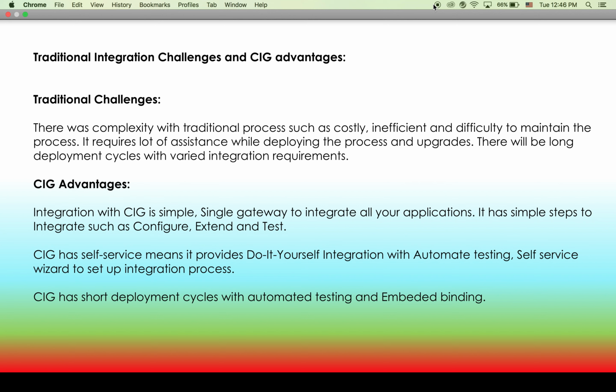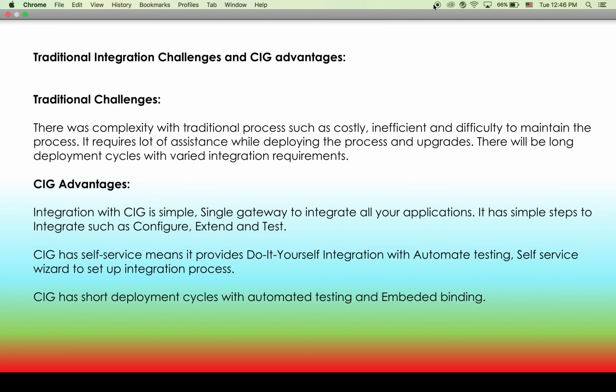If we need a server change, we need to move all the scripts to another server. So a lot of assistance is required when we deploy or upgrade the system. There will be long deployment cycles when integration requirements vary. If there are multiple requirements, it takes more time for deployment cycles.